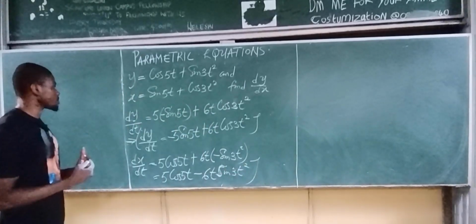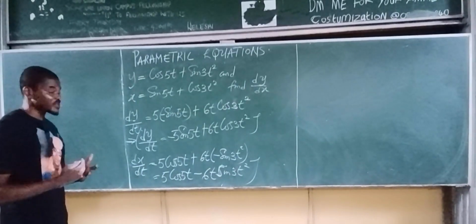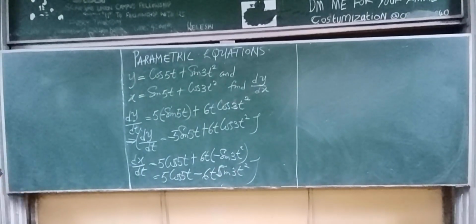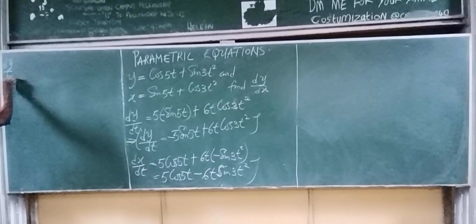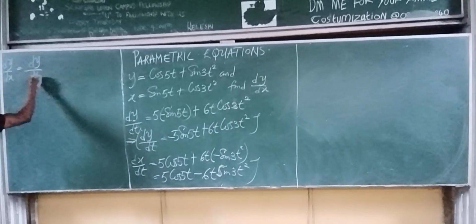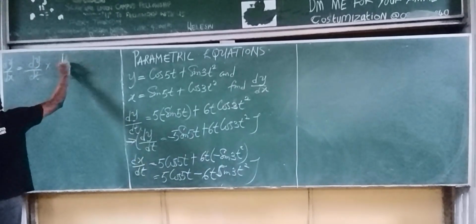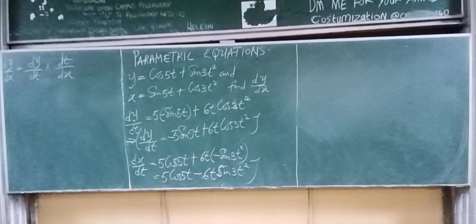So of course, to obtain dy/dx is simply dy/dt multiplied by the inverse of dx/dt. All right, so I'll simply have here dy/dx is simply equal to dy/dt multiplied by dt/dx. That's the inverse of dx/dt. So I'll simply have this.